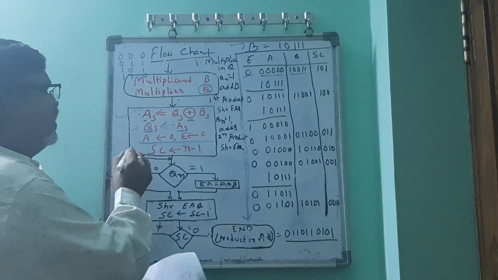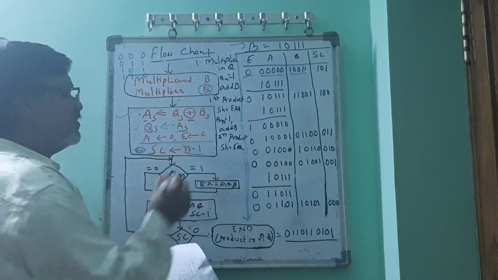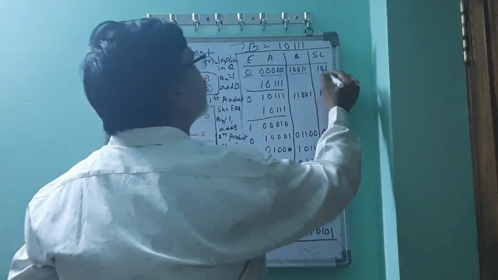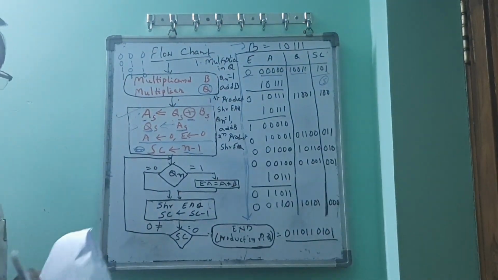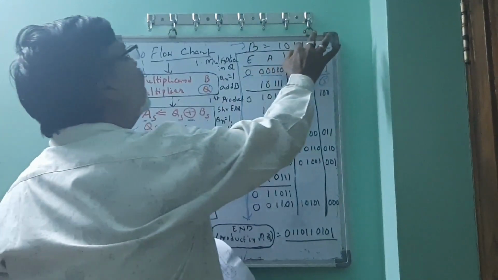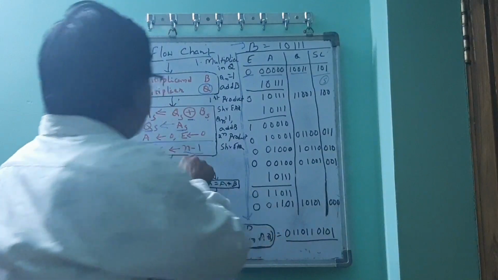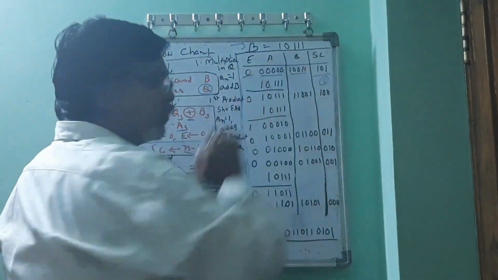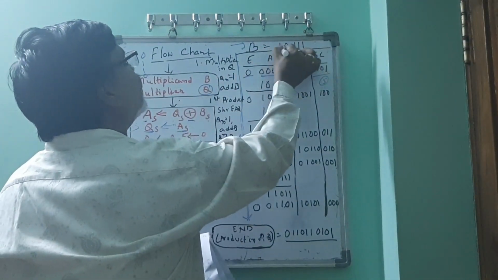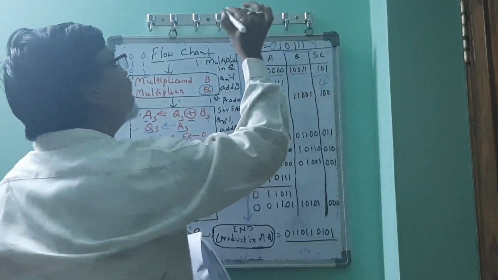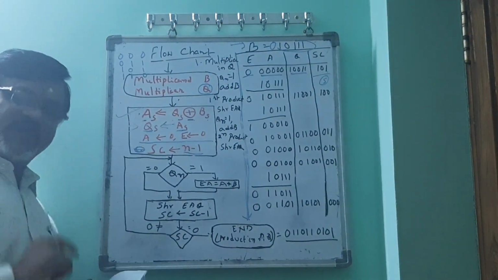And initially the SC, sequence counter, will become n-1. Here the sequence counter contains 5. 101 stands for 5. Now here you may have a doubt: Sir, 1, 2, 3, 4, 5, 5 bits are there and you are saying it is n-1, so it should be 4. Why is it 5? Remember, this B along with its magnitude also contains one bit for sign representation.